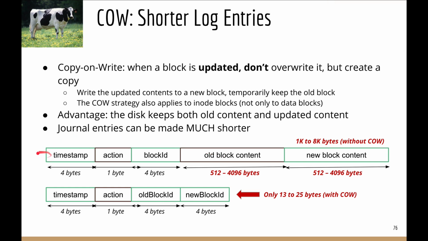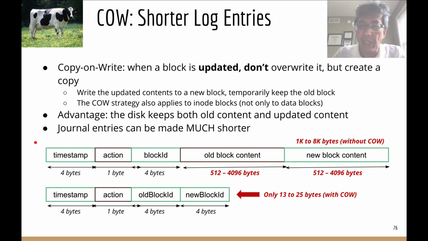If you compare the formats of the journal entries, without COW, we have to copy the content of the block and the updated content, and the size of that entry can be as high as 8K. But using copy on write, we don't have to make a copy, because the disk blocks themselves will be part of the journal entry.